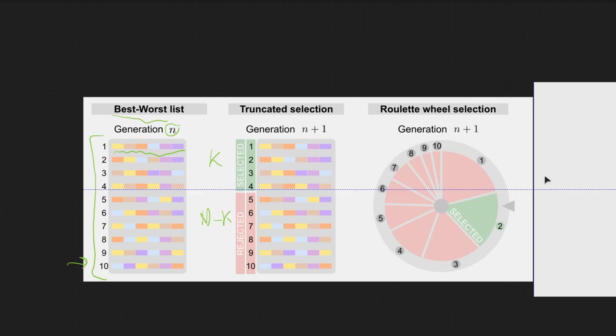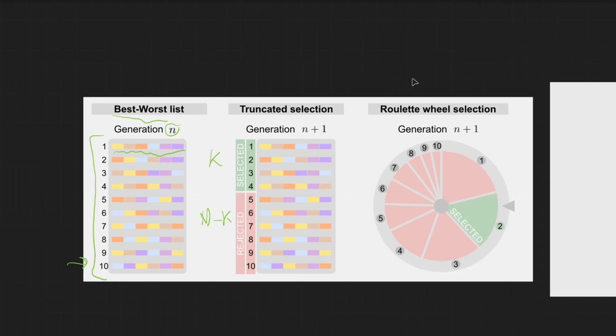The second method is called roulette wheel selection. In roulette wheel selection, we are going to define a pie and assign slices of this pie to each individual in our population. Now the size of the slice is proportional to the fitness value.